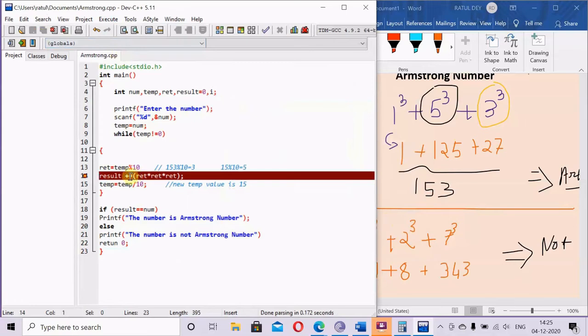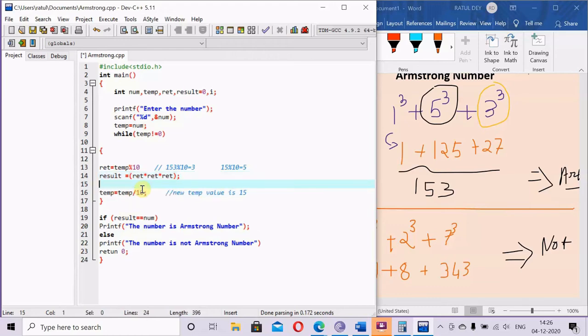You can see that there is some problem with the return and result. Let's write result equals to this one, and instead of result you can write I.